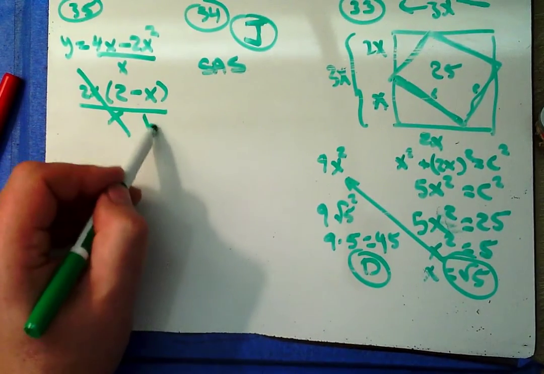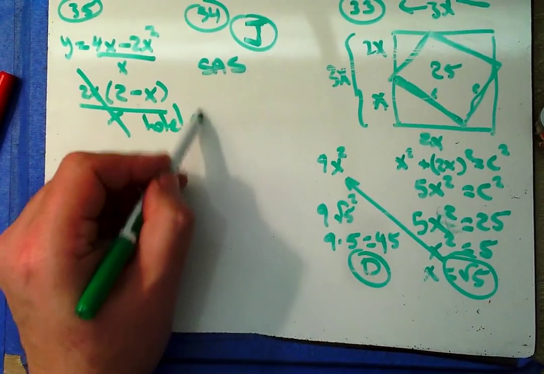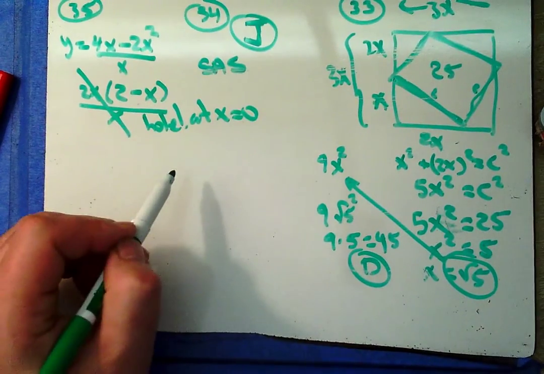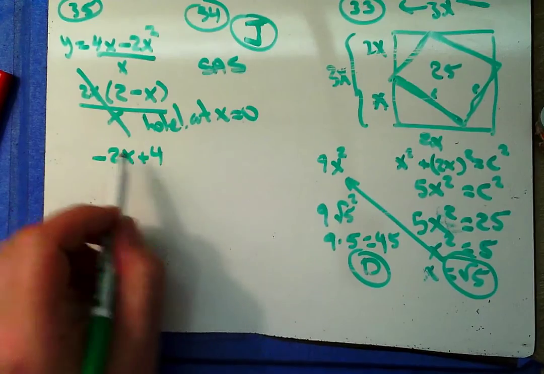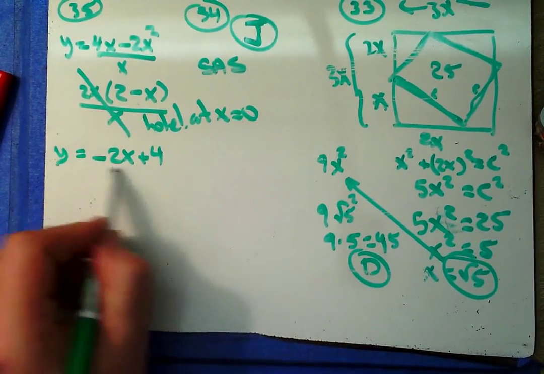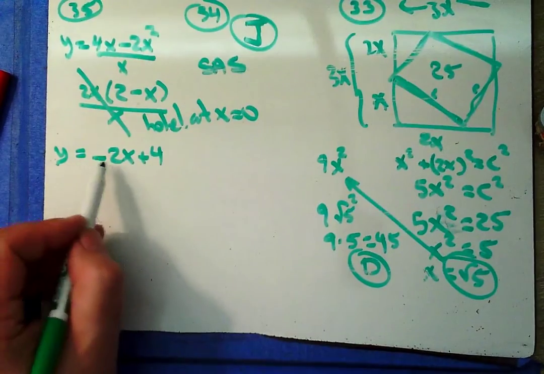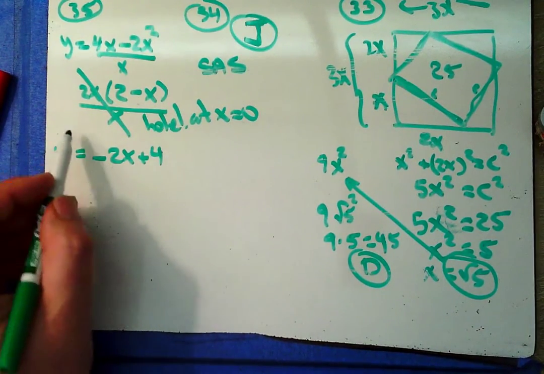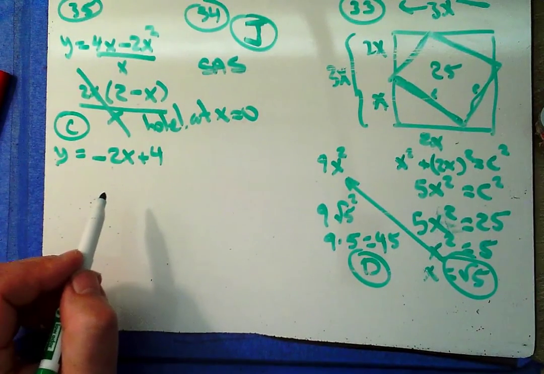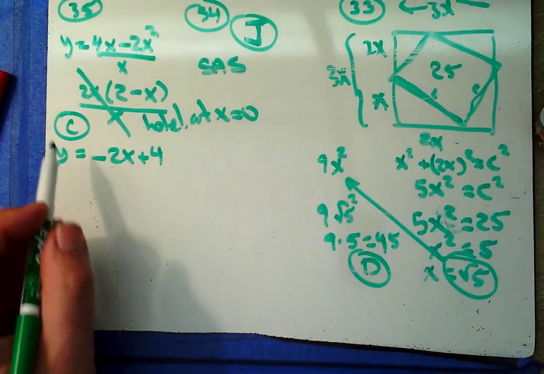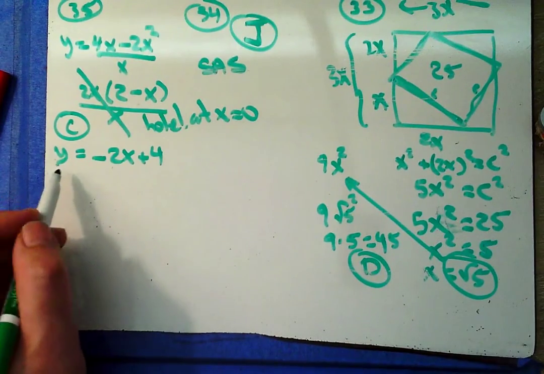Oh, look, there's a hole at x equals 0, but otherwise I've got negative 2x plus 4. So a linear equation with a hole at 0. This linear equation has a negative slope, and I see that choice C is a linear equation with a negative slope and a hole at 0. So C for number 35.